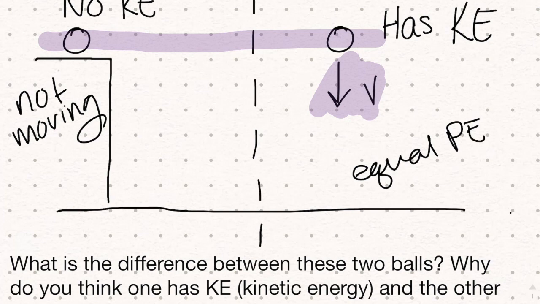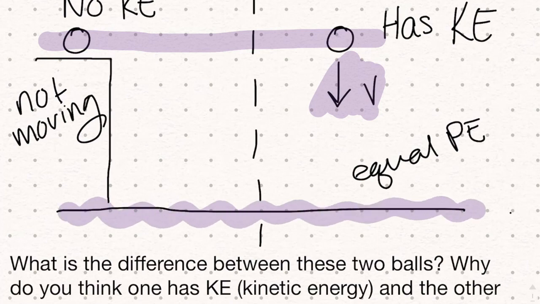We want to ask ourselves now, what's the difference between these? The only difference I'm able to see is the one on the left is not moving and is resting on top of a cliff. The one on the right is moving. It has no surface to rest on, and thus it is moving towards the ground. The big difference between them is that one is moving and one is not.